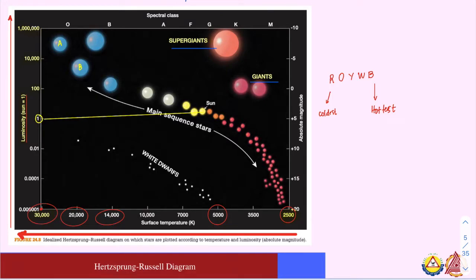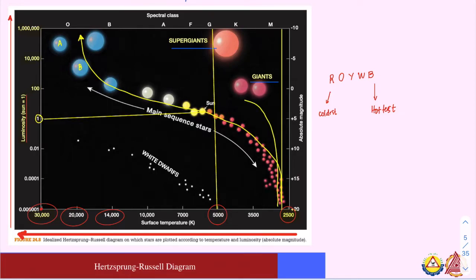Although it's true that the temperature of your stars increases and their luminosity rises in the y-axis, also, if you look here, for example, your giants and supergiants, the red and orange stars, although their temperature range is only from 2,500 to 5,000 Kelvin, you can still see the general pattern that as your temperature increases towards your left, your object becomes more luminous.